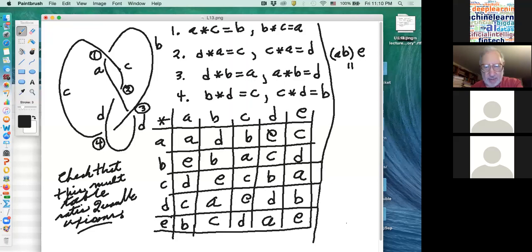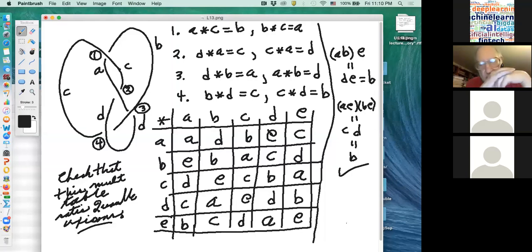AB is D, times E, and D times E is B. Now you can try AE multiplied by BE, and that's going to be equal to: AE is C, and BE is D, and CD is B. It worked. And you will find that indeed, this is a quandle.